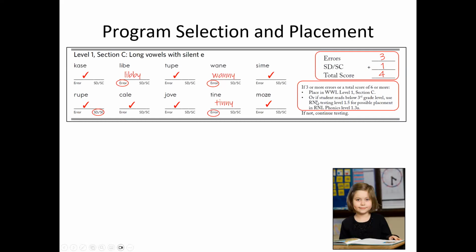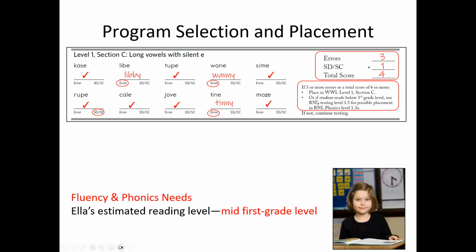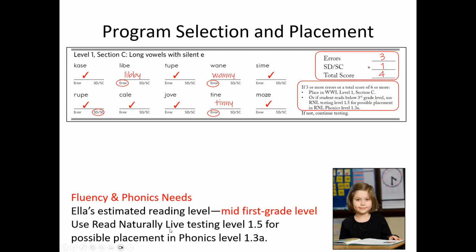If you know that Ella also struggles with fluency, you're going to give her Read Naturally Level Testing Level 1.5 for possible placement in the Read Naturally Live Phonics Level 1.3a.